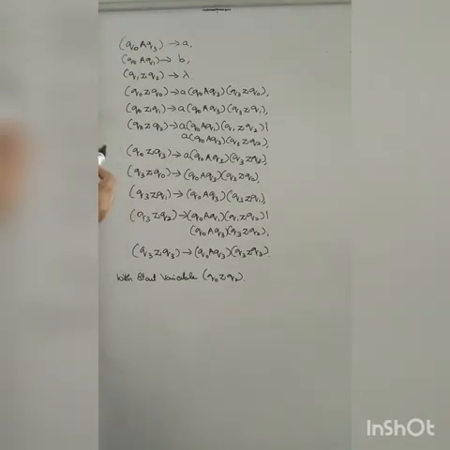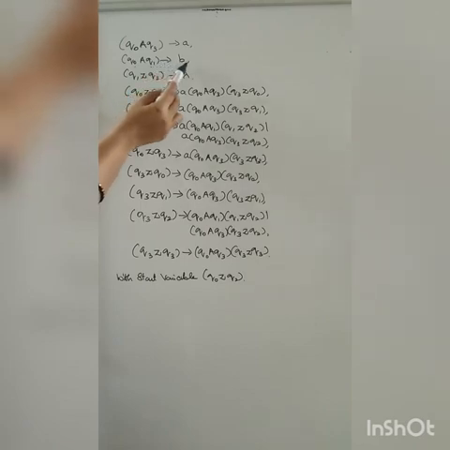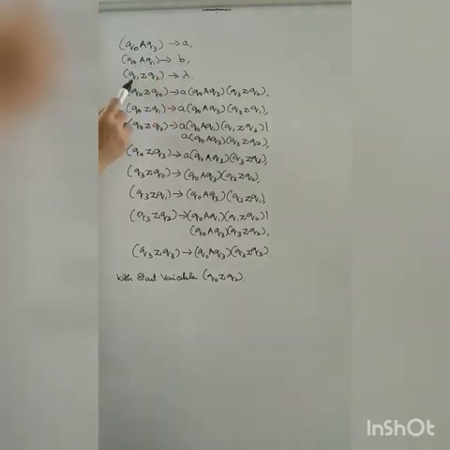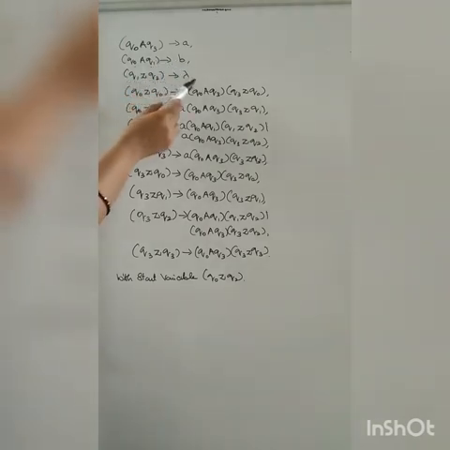So after removing these useless productions, we are getting the productions as Q0 A Q3 tends to A and Q0 A Q1 tends to B. And then Q1 Z Q2 tends to lambda. So in the same way we have written for all the productions. In each production we have removed the useless productions and the resultant productions are these only.